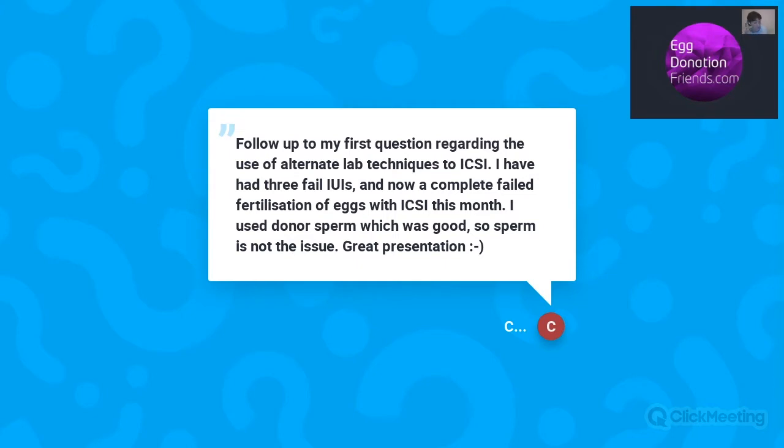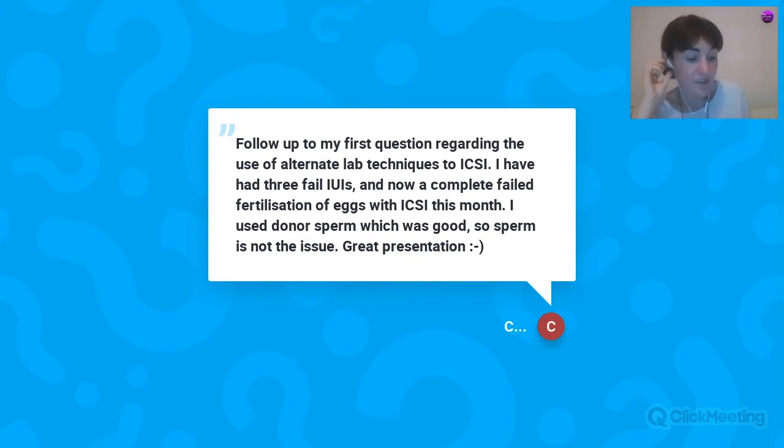Well, actually, it could be a failure of egg activation, and this is not always due to the sperm, so it could be due to the eggs. So calcium ionophore could be an alternative. It can also be due to bad egg quality.